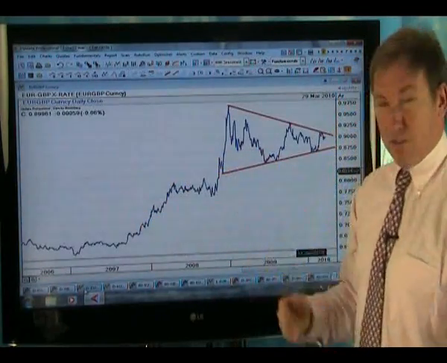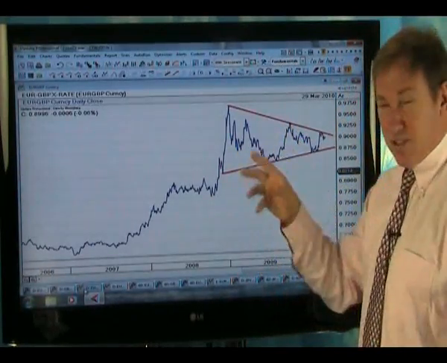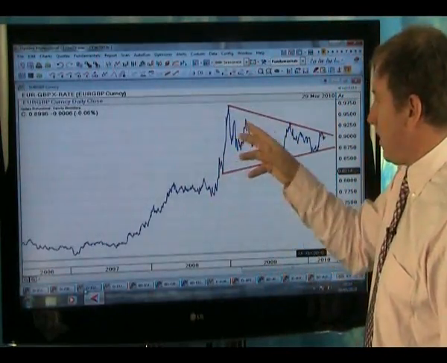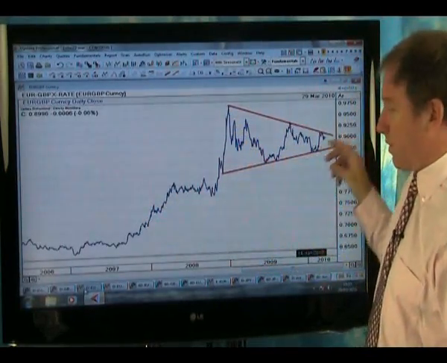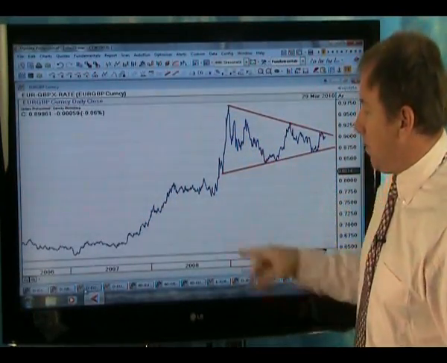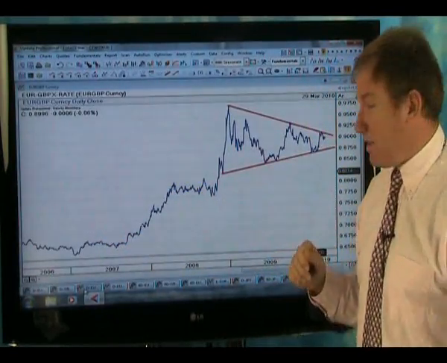One very interesting one, of course, is to resolve that euro-sterling relationship, because these two are obviously showing some weakness against the dollar over the long term. Here we have a very interesting situation where we're narrowing in on a range. When we've had these in the past, the breakouts have tended to be to the upside.